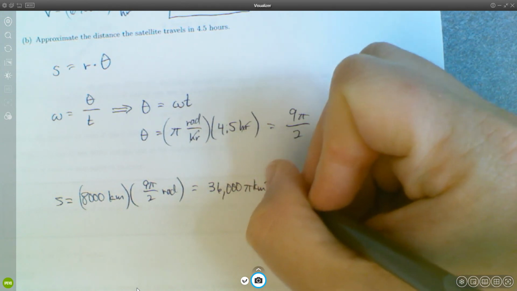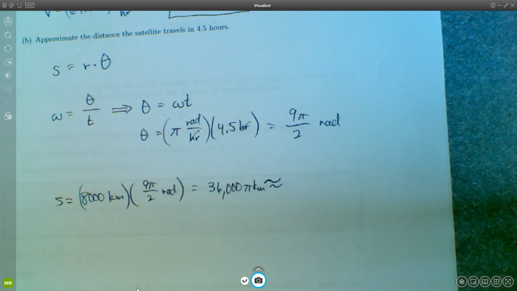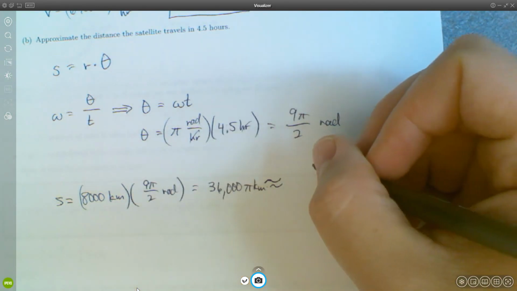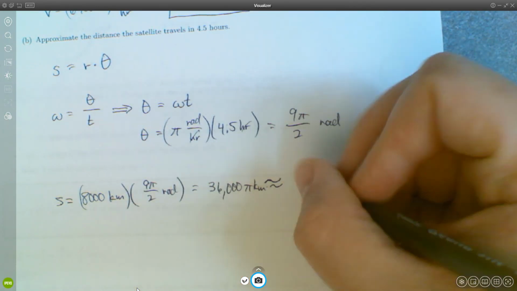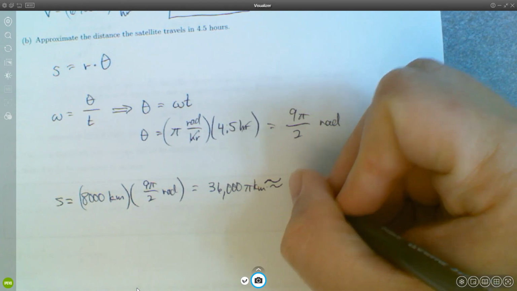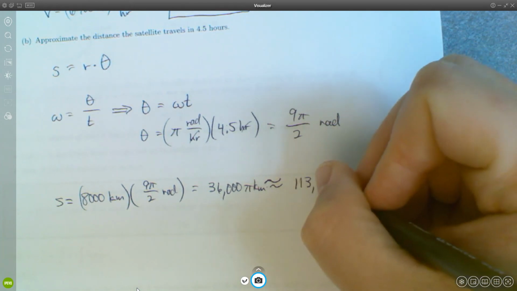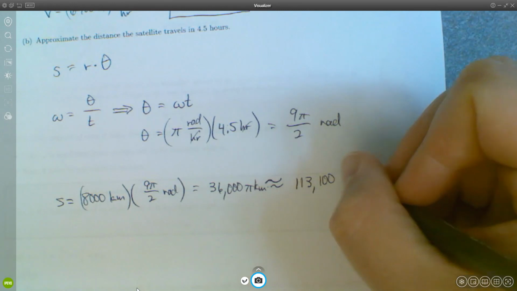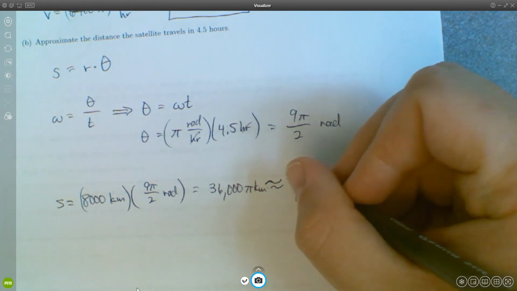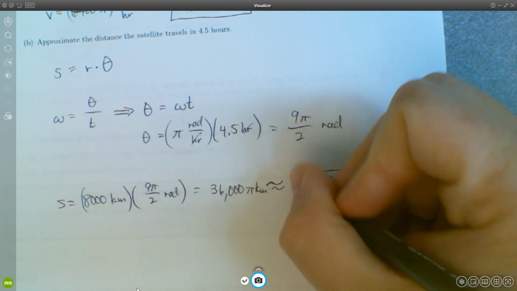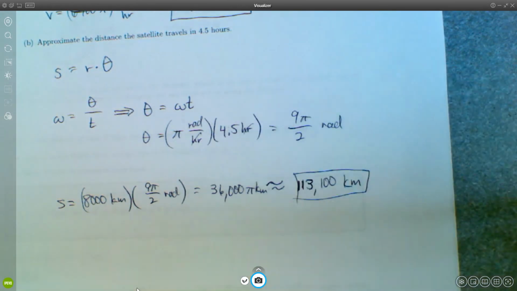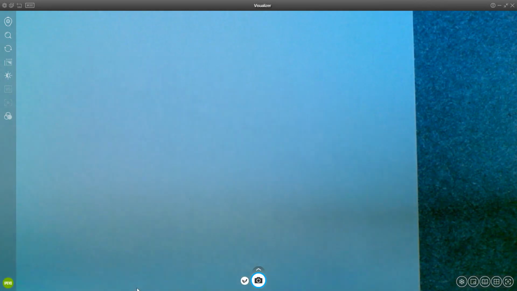So that's approximately, to 4 sig figs, 113,100 kilometers. So that's pretty far in just 4.5 hours. But anyway, there you go. That's it for angular and linear speed.